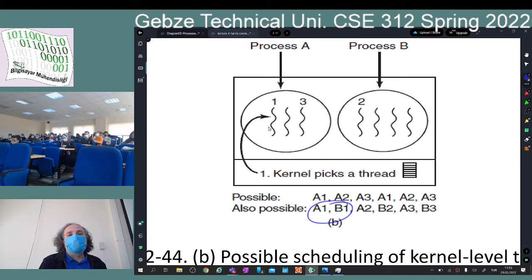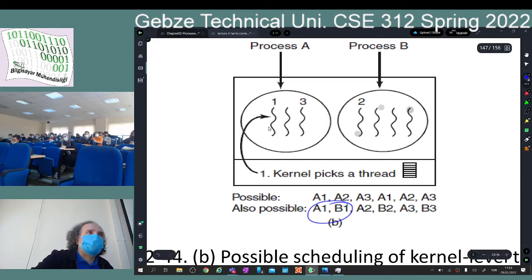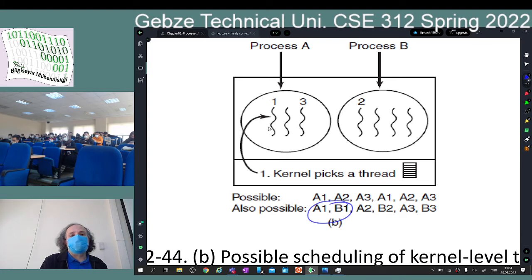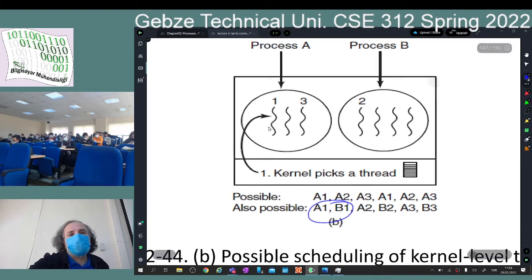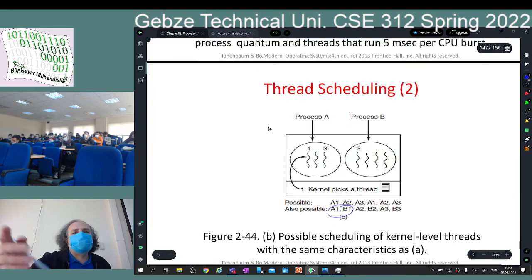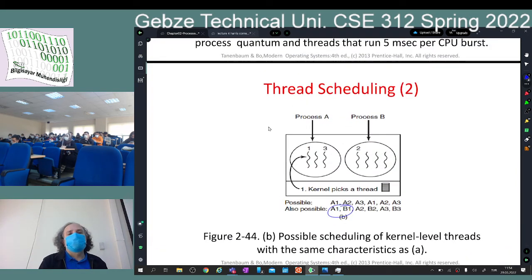Or it will say, why don't the threads of this process be on CPU number 2 and the threads of process A on CPU number 1. That way the context switch time will not be that big a problem. Okay, so the thread switching and process switching are not that different depending on where you implement your thread libraries.